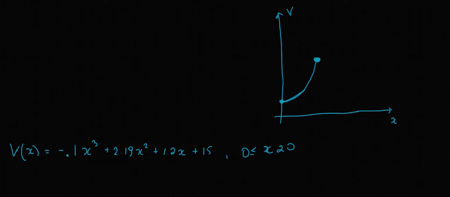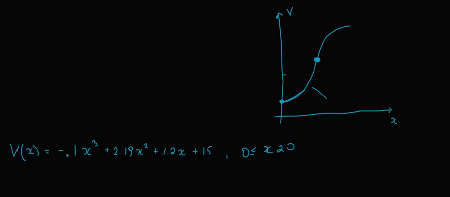As x is being increased past this point, the volume of sales will continue to increase, but the rate at which it increases will begin to decline. And so the graph will begin to bend the other way. Initially, the graph is concave up. Actually, let me make this remark here.